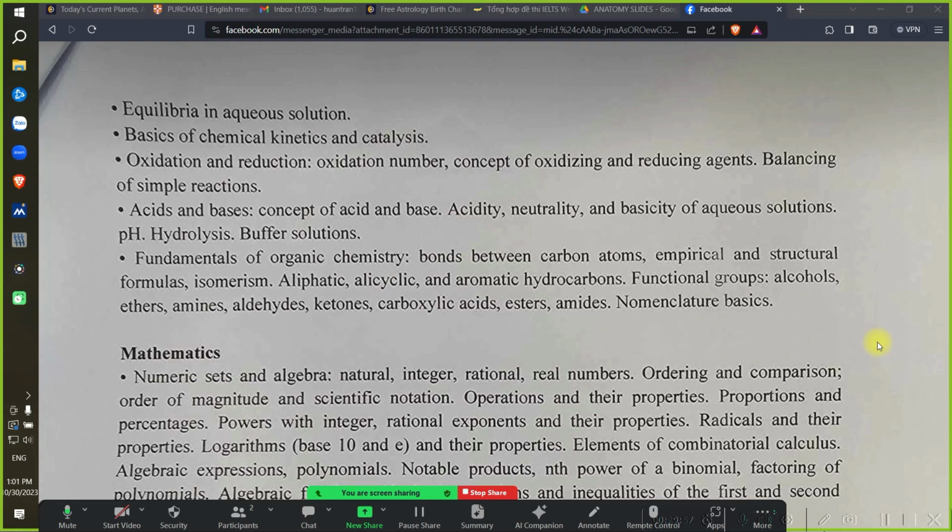For example, let's take C5H12. If we write it down in a line, we have pentane, which is CH3, CH2, CH2, CH2, and CH3.